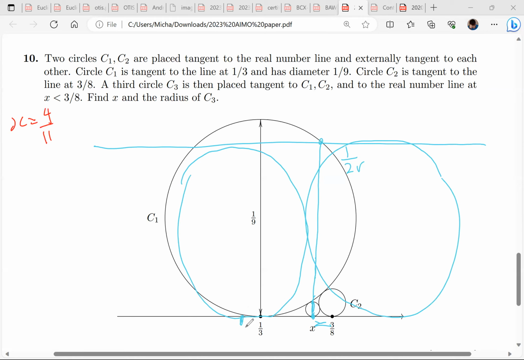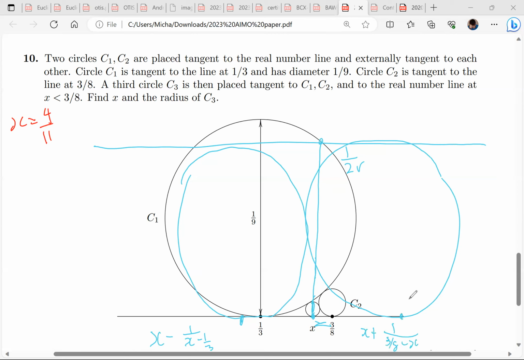The touch points occur at x minus a third, so this point here is 1 on x minus a third away from x. So it's x minus that, that's the point. And this other point here is 1 on 3/8 minus x away from x, so it's x plus 1 on 3/8 minus x.